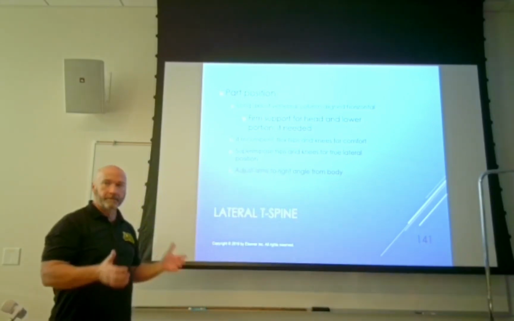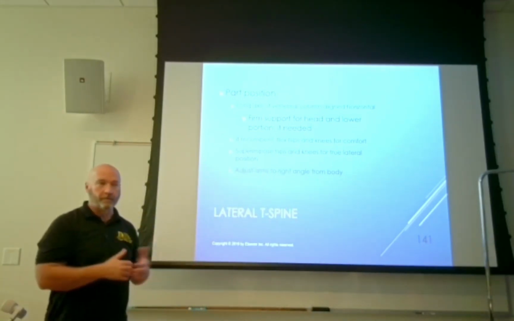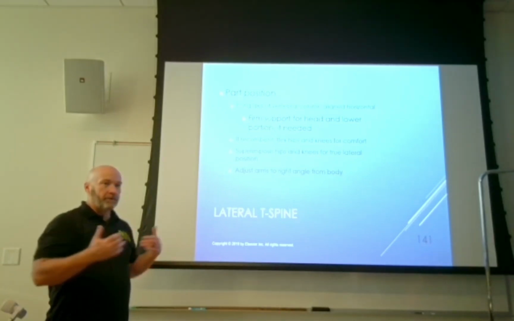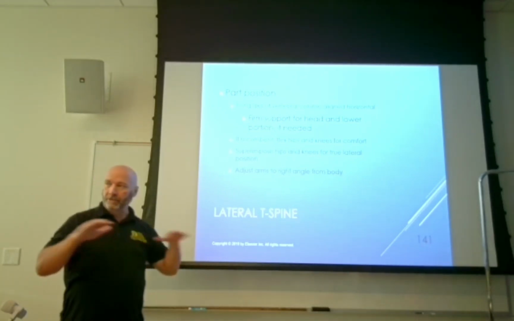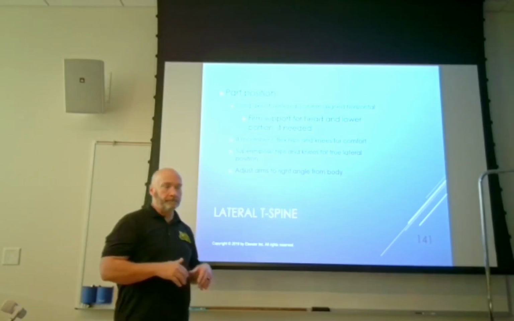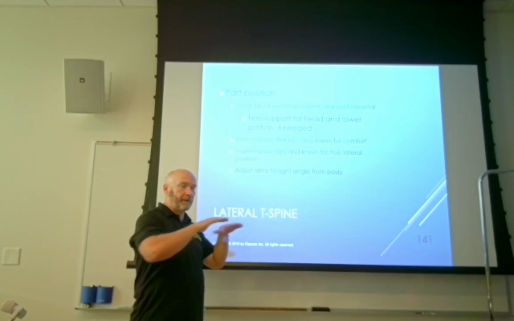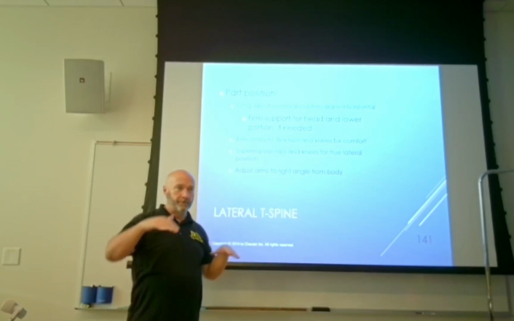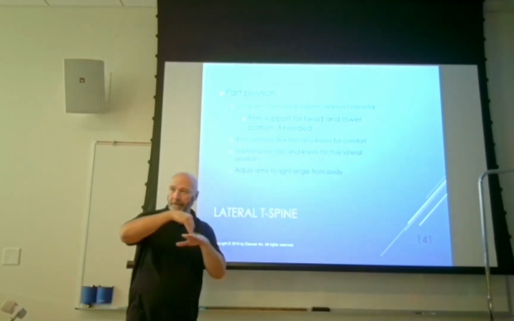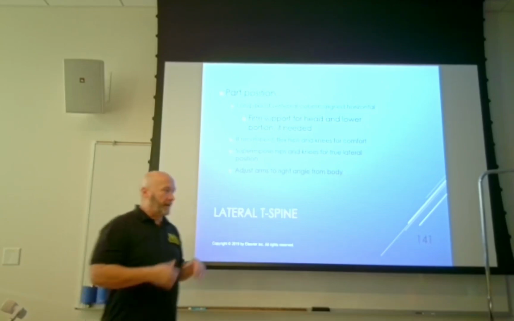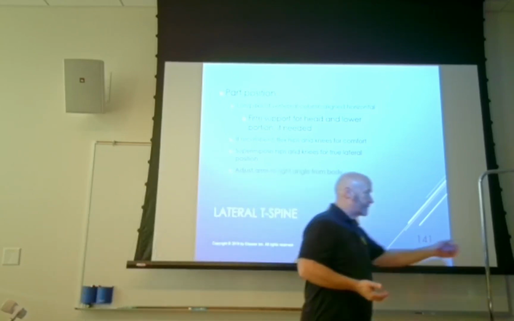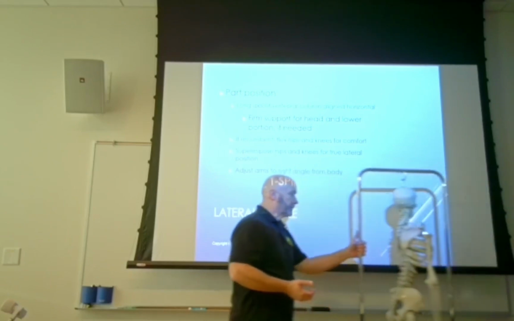Step back and take a look at the patient and make sure that they're not rotated in some way. Also, when you step back, look at the patient's spine. You want to have it parallel to the image receptor, which would put it perpendicular to the central ray, right? I'm not talking about the disc spaces. I'm talking about the spine itself.